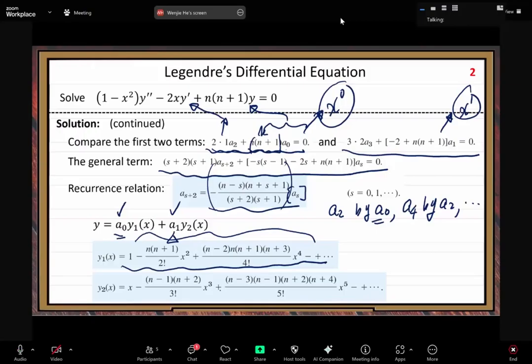Matthew's question: is it possible that this series representation can be written as an elementary function, for example 2 sine x plus 4.5 cosine x, things like that?